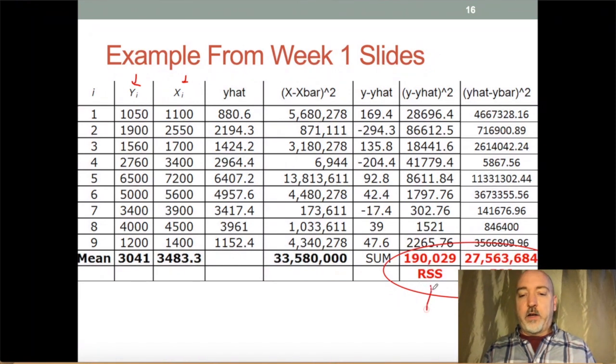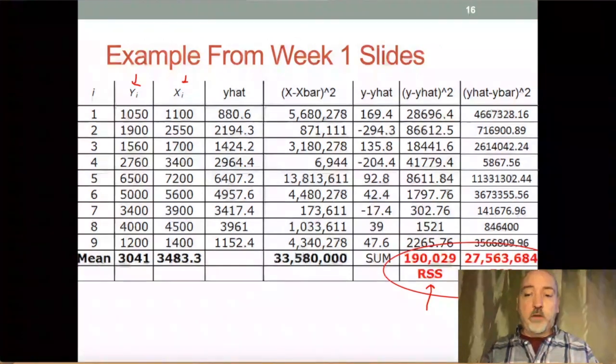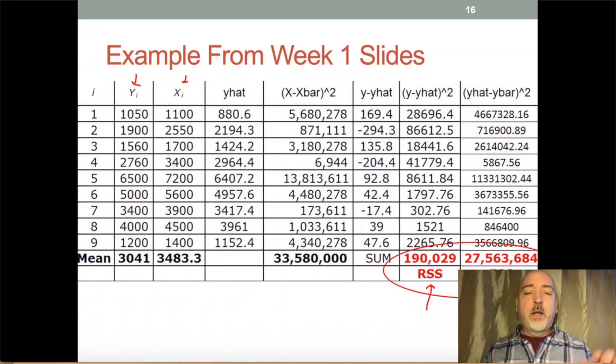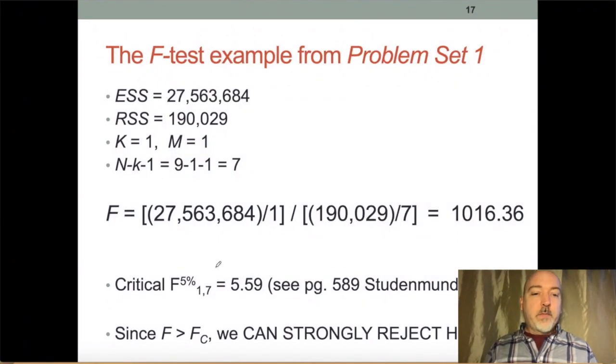We had a sum of squared residuals, the RSS, of 190,000. Remember, we used that to calculate the R-squared, and likewise we had an explained sum of squares of 27.5 million, roughly. Well, we now know that those are key ingredients to calculating the F-statistic as well, so let's go ahead and see what that would look like. We've got ESS over M, which in this case is just 1.